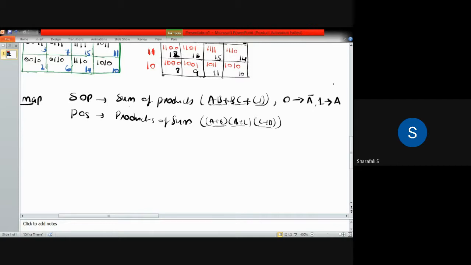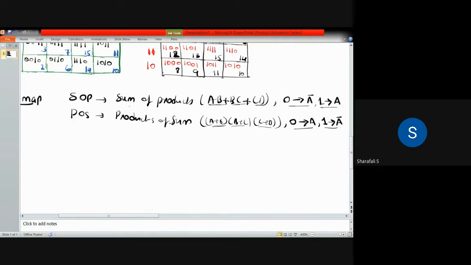That you might have learned from your degree classes itself, minterms, maxterms, all those things. So let's consider the second case, POS, product of sum. Your 0 will be A and your 1 will be A bar, just opposite to the SOP form. In SOP, 0 is A bar and 1 is A. In POS, that is product of sum form, 0 is A and 1 is A bar.